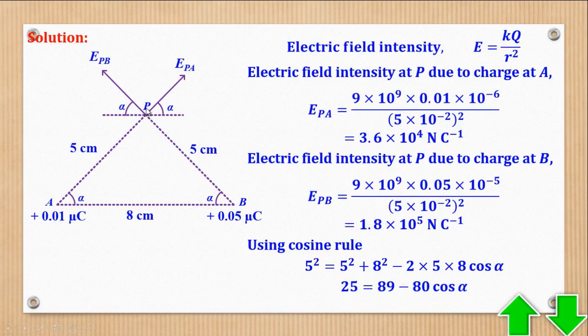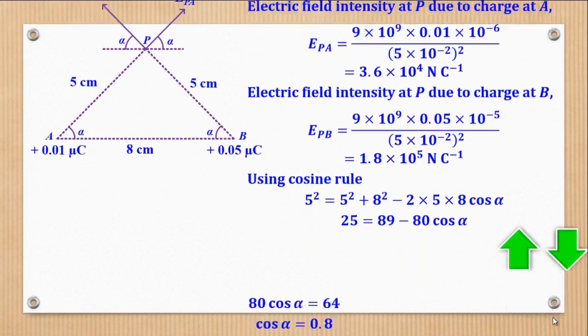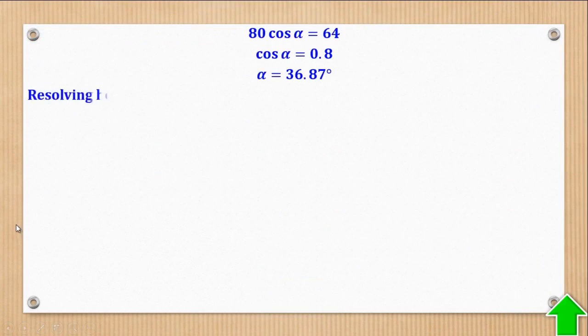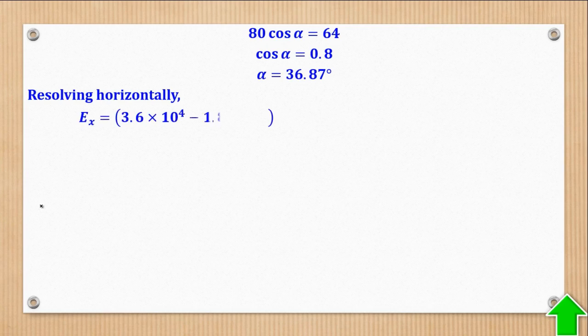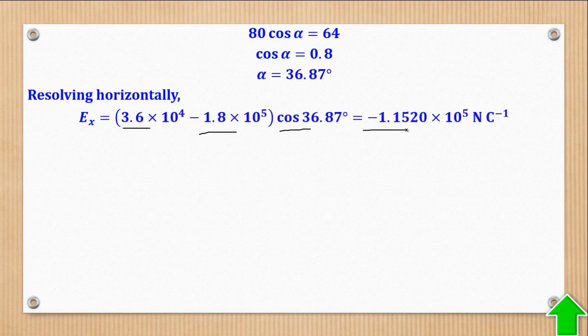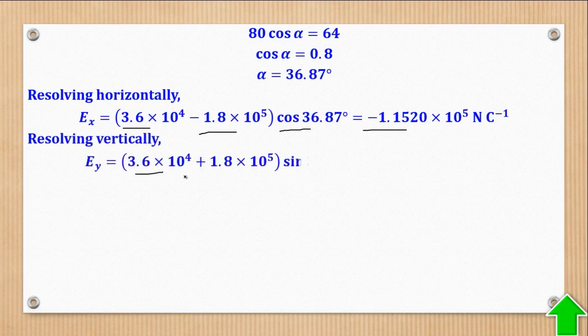So horizontally, this is to the right, this is to the left. Vertically, all are upwards. Therefore, resolving horizontally, one will be to the right, another one to the left, but have the same angle. So it gives you this. Then vertically, all are upwards, meaning to be addition, to give you this.